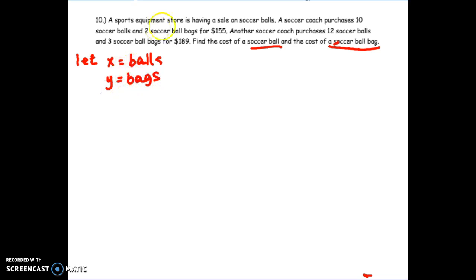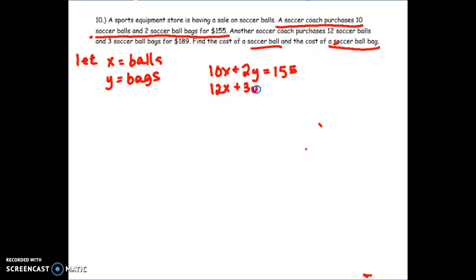All right, so if a soccer coach purchases 10 balls, or 10 times X, and 2 bags, 2Y, he spends $155. Okay, that's the first sentence. We wrote the first equation. Another soccer coach purchases 12 soccer balls, so now 12 times X, and 3 bags, 3Y, and that's $189.